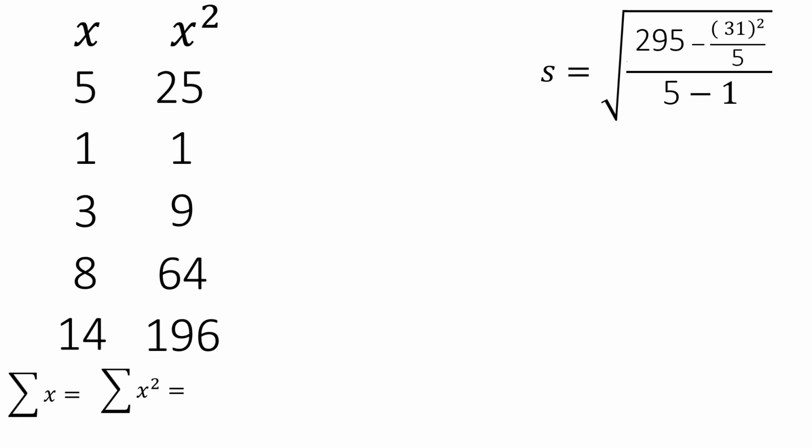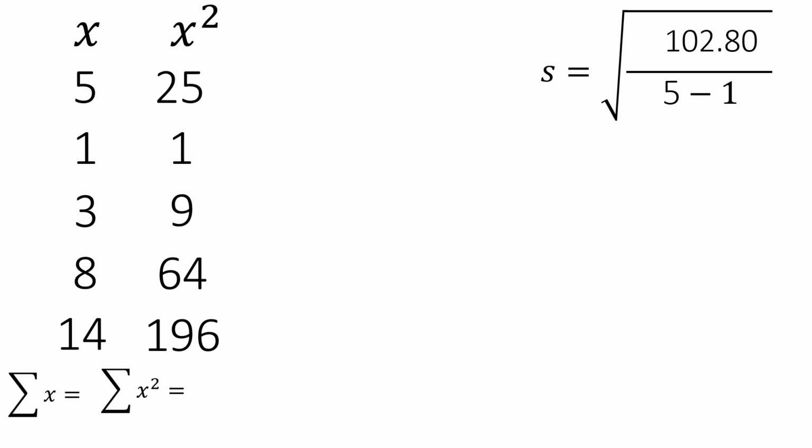Then we will compute. Now you can put all this given in our calculator, I mean the formula, or you can just do it step by step, like 31 squared divided by 5. That's 192.2. And then subtract 295 minus 192.2. The difference is 102.8.